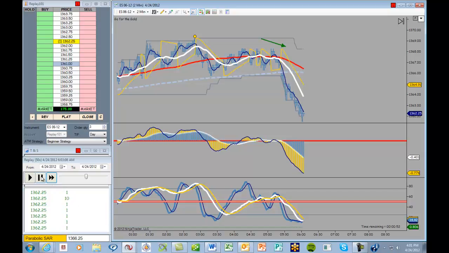Now this is a nice long sell-off. It would have been good to have 3 targets on this one.